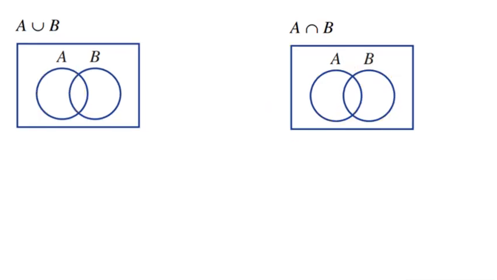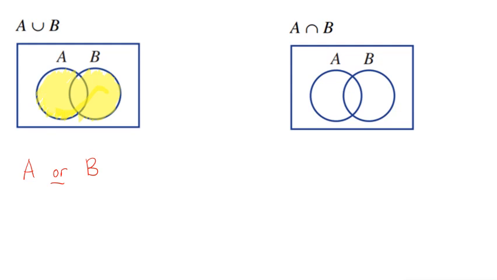This symbol means or. So A or B. So A or B, that's this, A or B. Alright, then the next one means and.